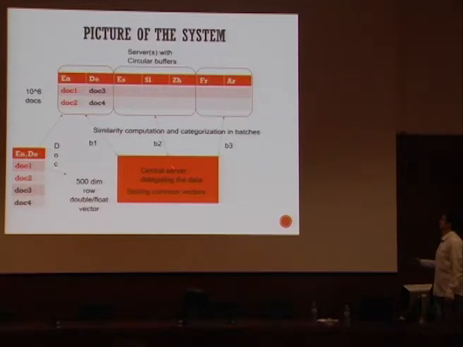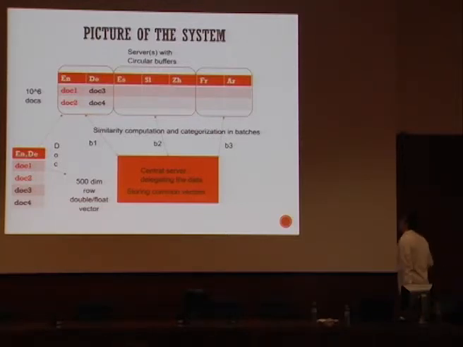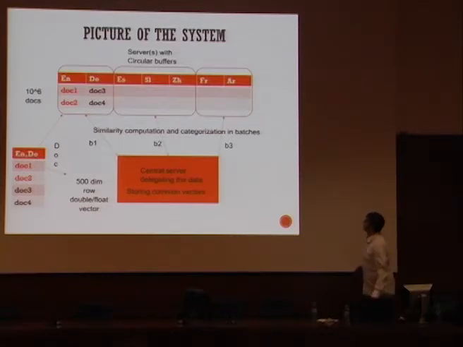If it's an English one, it will be assigned to this one. These documents are projected, this 500-dimensional vector is obtained, and it's returned to the central server, and the central server can then send the documents to all local servers, and we can compute the similarity in a fast way.